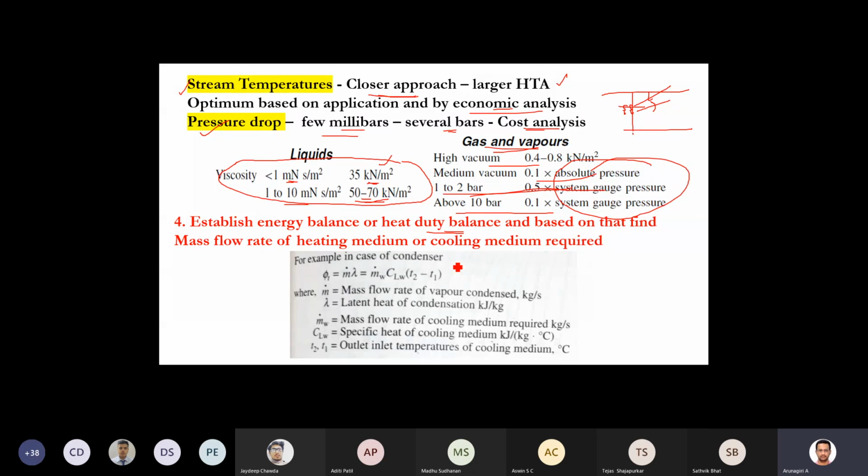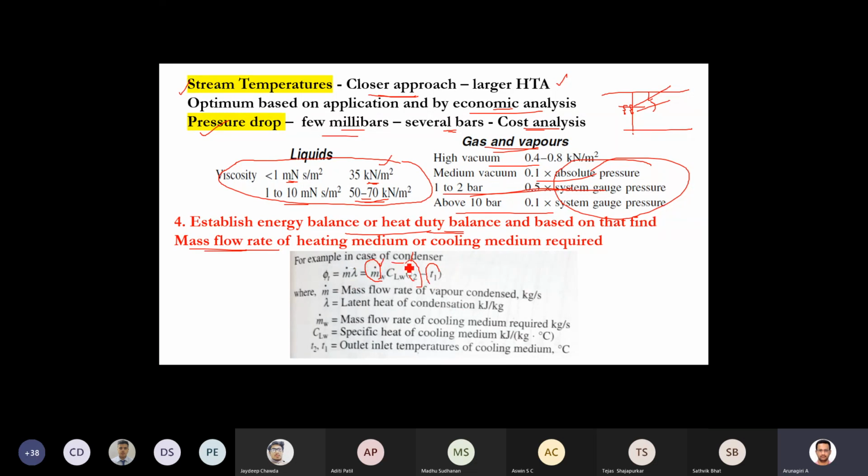So the outlet temperature can be calculated based on this heat duty balance, or you can say the energy balance. Or if you know the temperature conditions, you can calculate the mass flow rate, because these two things are unknown here, correct? So mass flow rate, or it may be outlet temperature. Okay, so you have to do this energy balance equation.